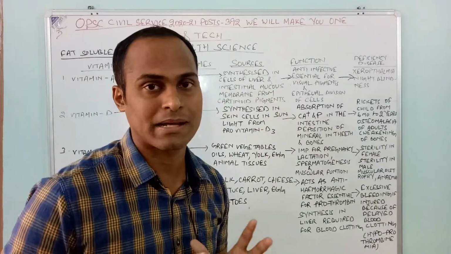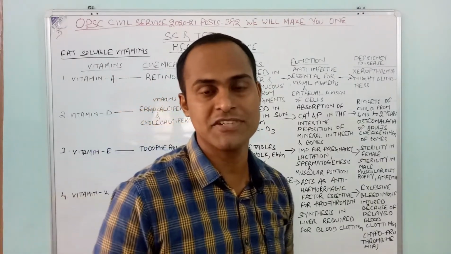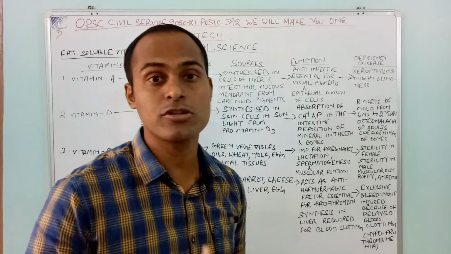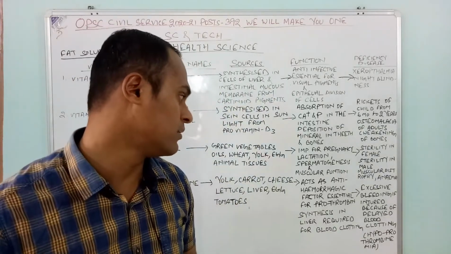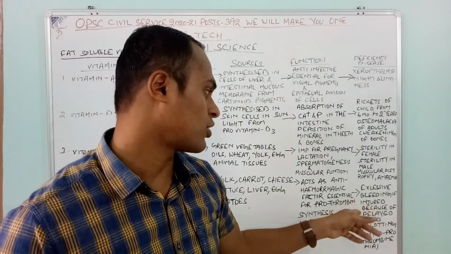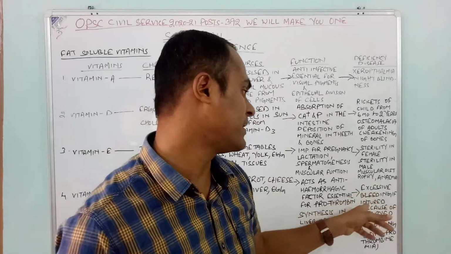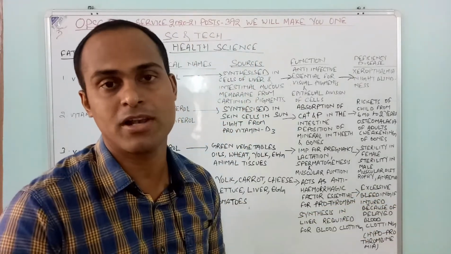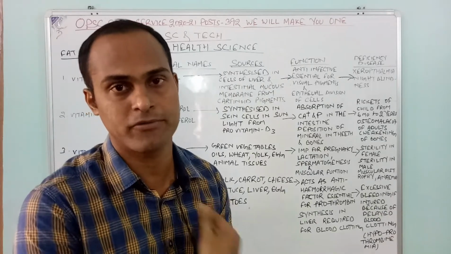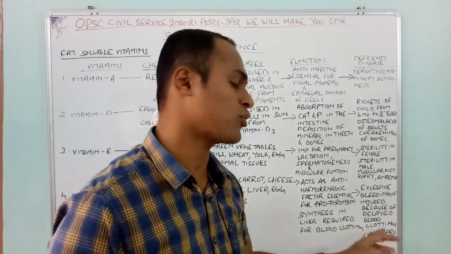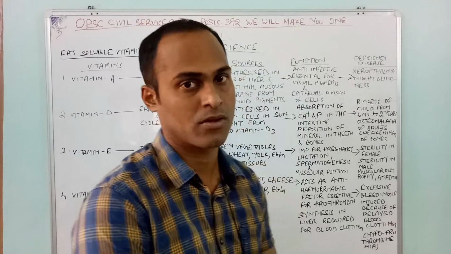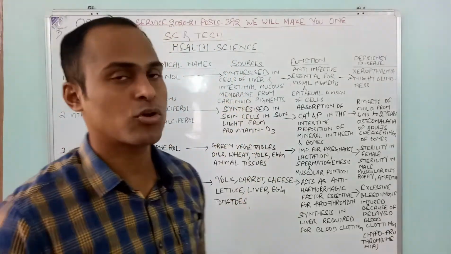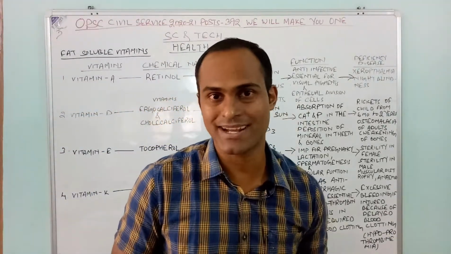This is the medical terminology used for continuous blood flowing, excessive bleeding, injury because of delayed blood clotting. The blood will not clot, continuous blood flow. It is known as hypoprothrombinemia. Okay, so I hope this portion of the discussion is very clear.